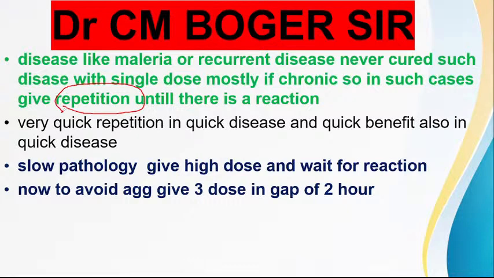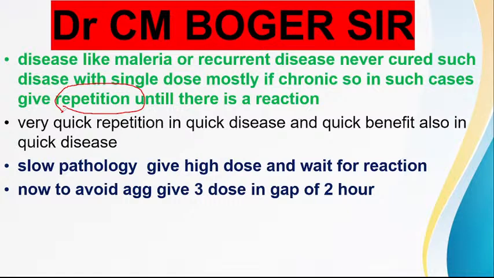If the disease is very quick in action, like a patient comes to our clinic and gets coryza at noon, and in the evening says, doctor, I now have so much severe suffocation, now I have shortness of breath. See how the disease is so sharp and quick in nature that within some time the patient has started to suffocate.